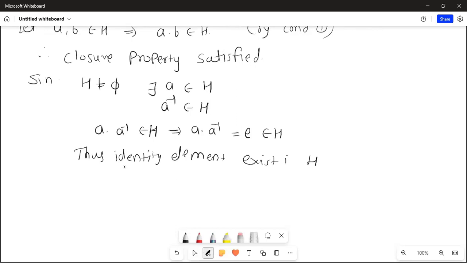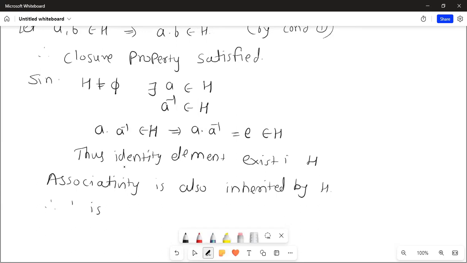Associativity is also inherited by H. And therefore H is a group itself.